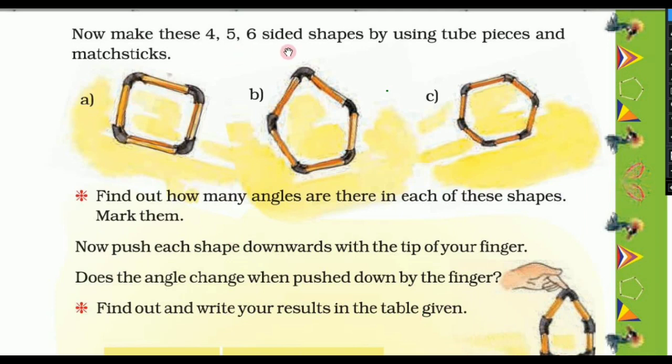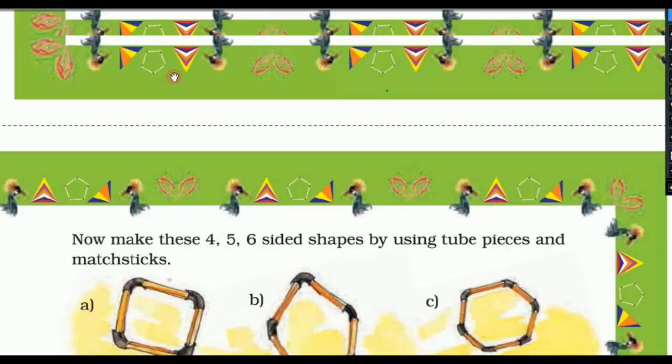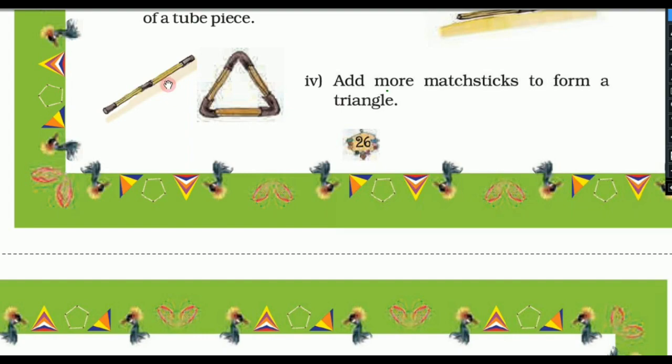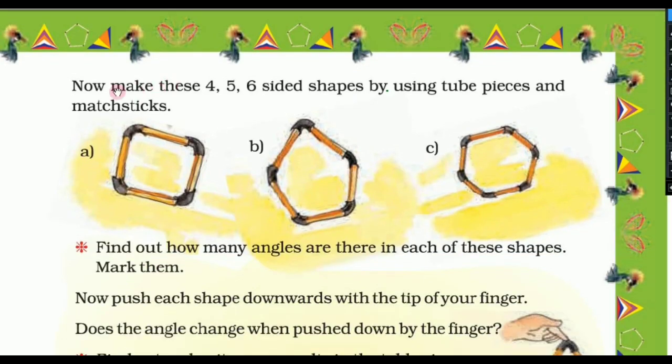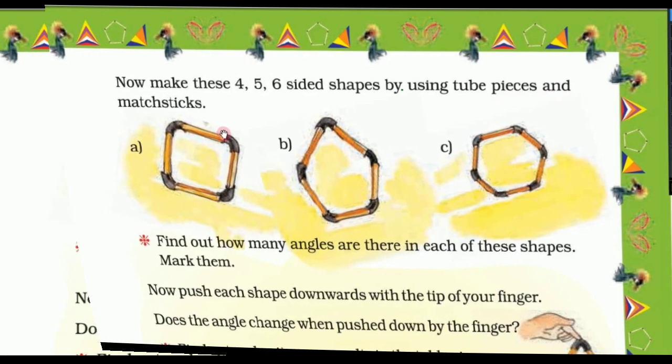Now make these 4, 5, 6 sided shapes by using tube pieces and mastics. As we have made a triangle by these tube pieces, now you have to make these 4, 5, 6 sided shapes using tube pieces and mastics both.